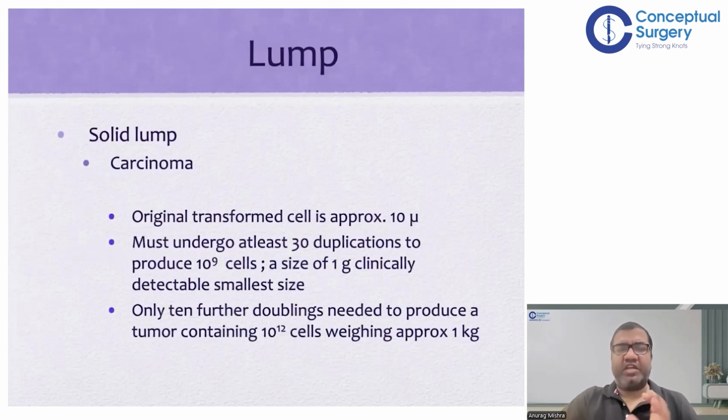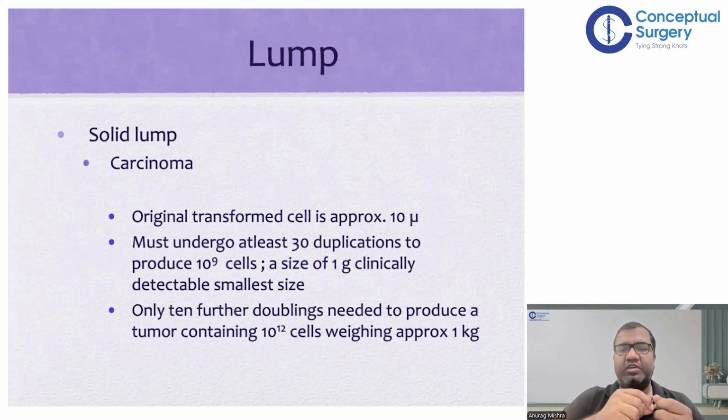One factor I want you to emphasize, and the reason why a good clinical history and examination is important, is that when a mitotic cancer cell in the breast divides 30 times, it forms a mass which is about 1 gram in weight.